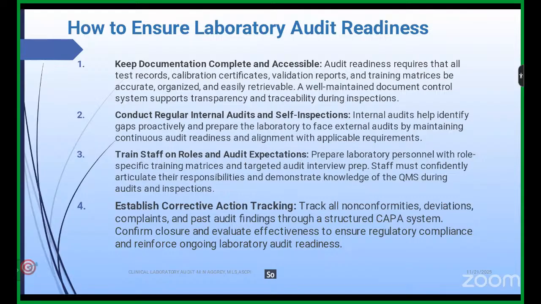So now, when we talk about ISO 15189:2022, which allows us to move from manual documentation to electronic documentation, which has been allowed through this ISO system, then it means that in future, it will be very difficult for us to operate under a manual system of filing or documentation.